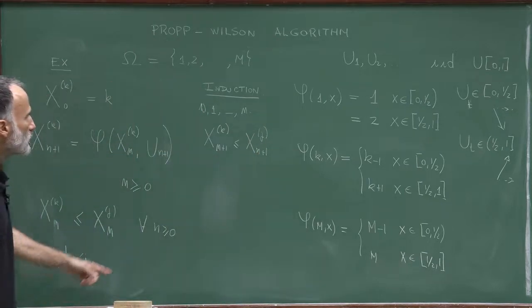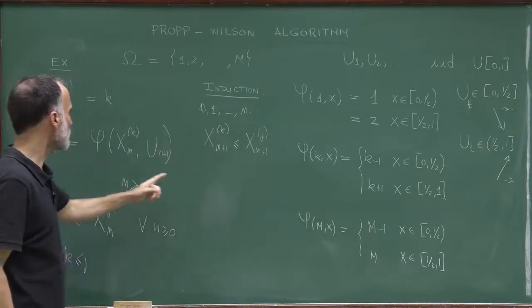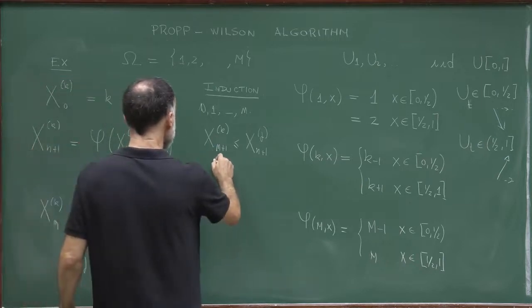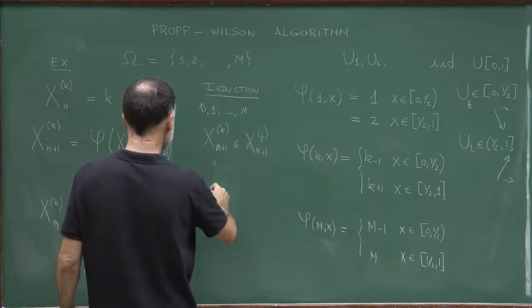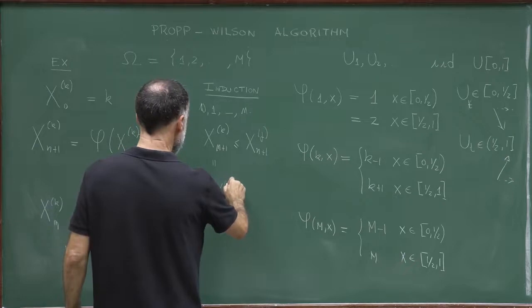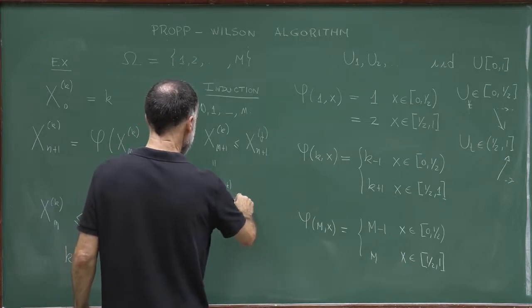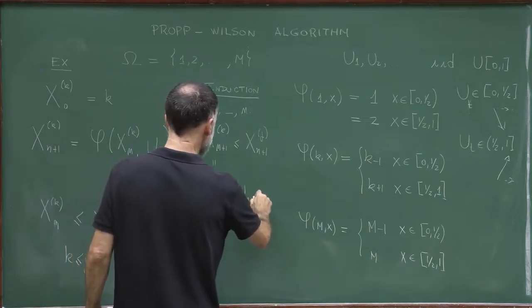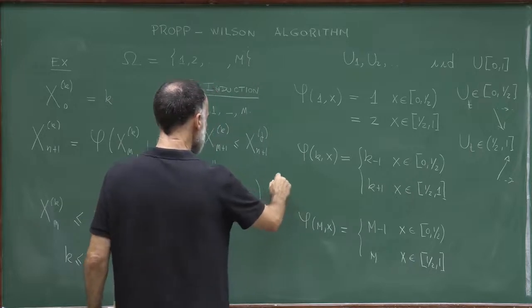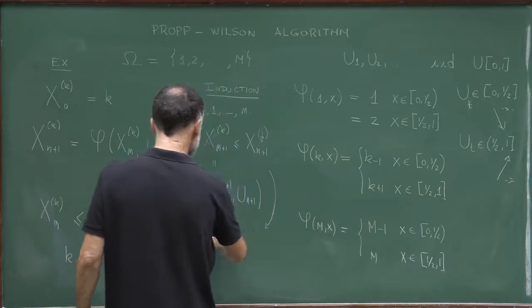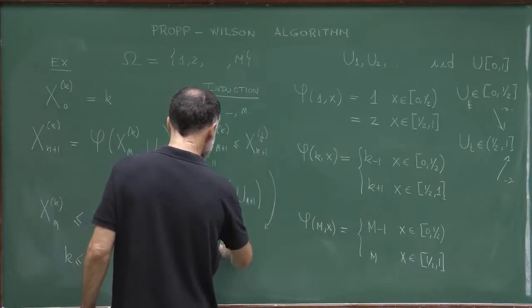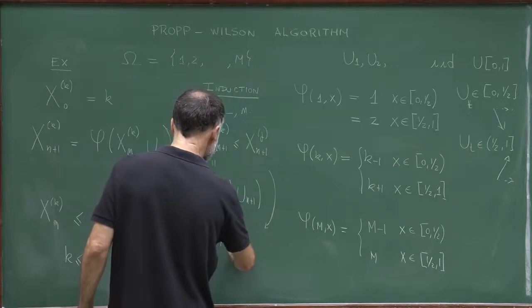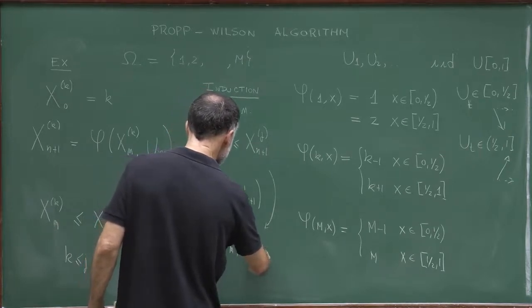But by definition, x^k_{n+1} is equal to phi(x^k_n, u_{n+1}), and this is equal to phi(x^j_n, u_{n+1}).